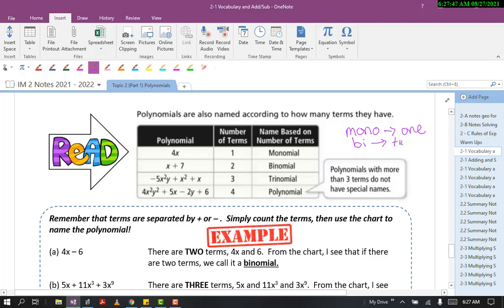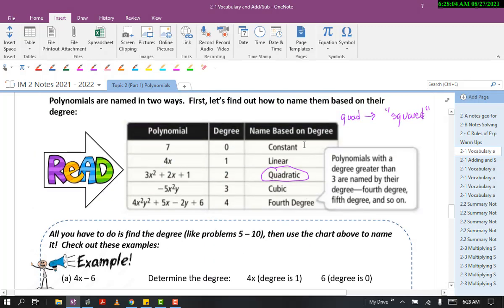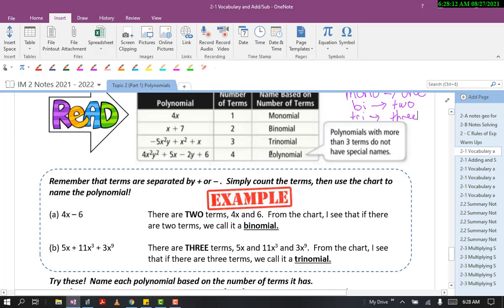So bi means 2 terms. Tri, like a tricycle, means 3 terms. And then anything after that is just polynomials in general. Just like we saw constant, linear, quadratic, cubic, and then after that, it's just the number with the th degree. Same type of thing here. After 3 terms, we just call them polynomials.